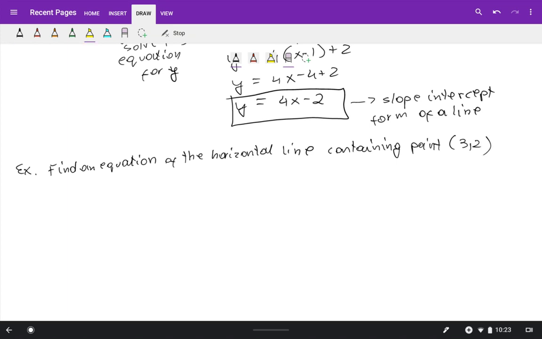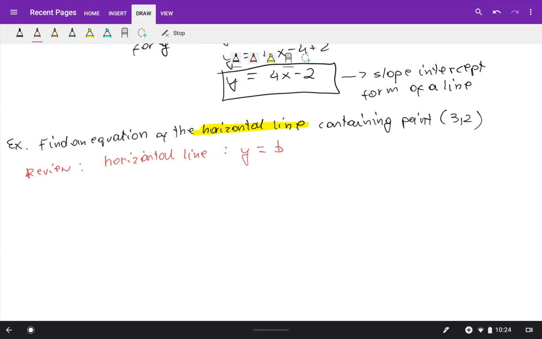We have to find the equation of the horizontal line. So let's review: a horizontal line is a line which has the form y equals b. That's it, there is no x. Just remember that. And we know the slope of a horizontal line is 0.